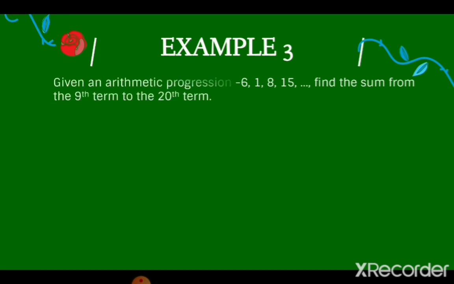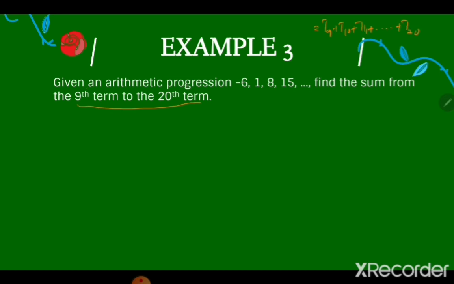Example 3. Given an arithmetic progression -6, 1, 8, 15, and so on, find the sum from the 9th term to the 20th term. So we need to find T9, T10, T11, until T20.